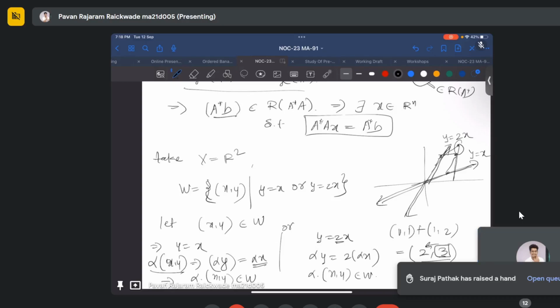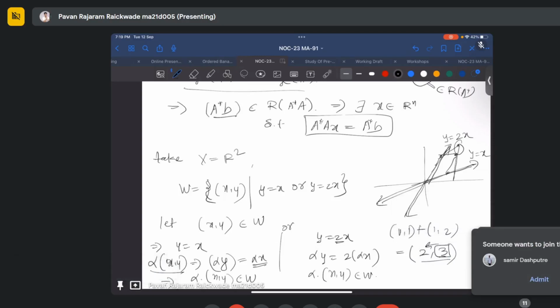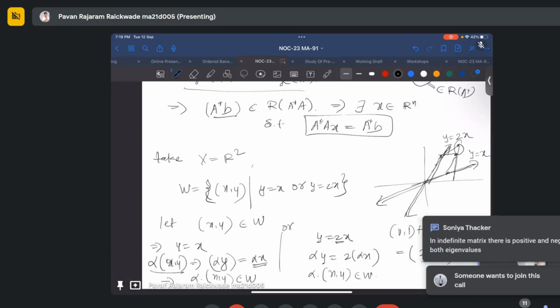In the previous assignment 4, one question is about a quadratic form, and the options are positive definite, negative definite, or indefinite form. How can we define an indefinite form? Okay, there was an option which is called indefinite form.